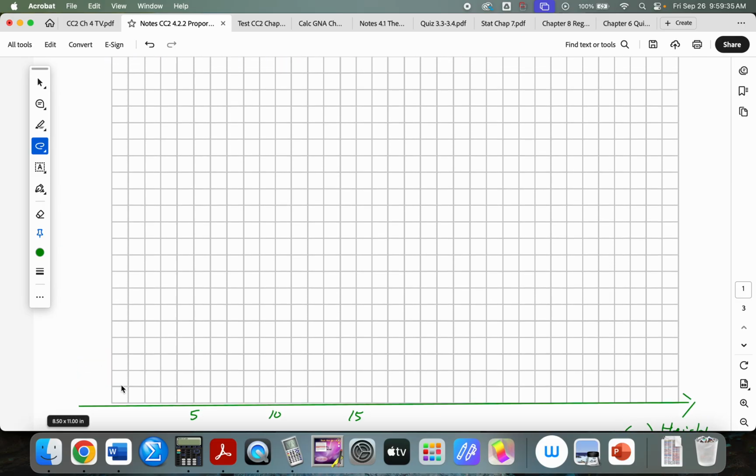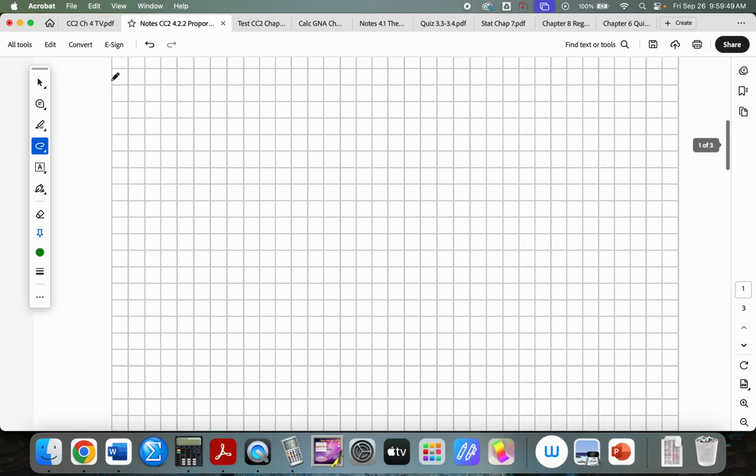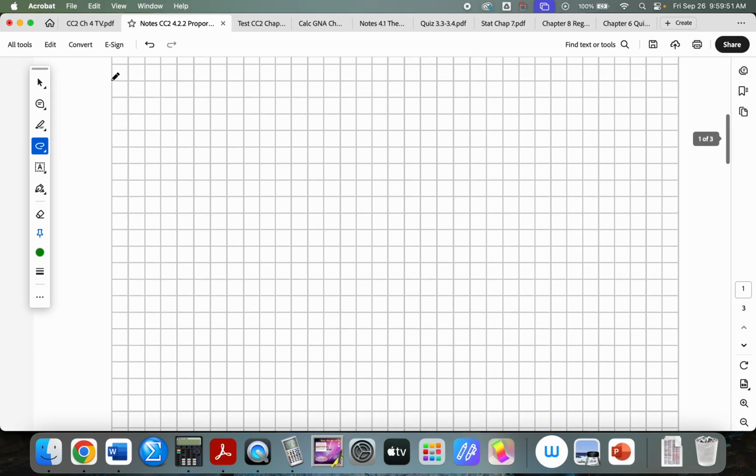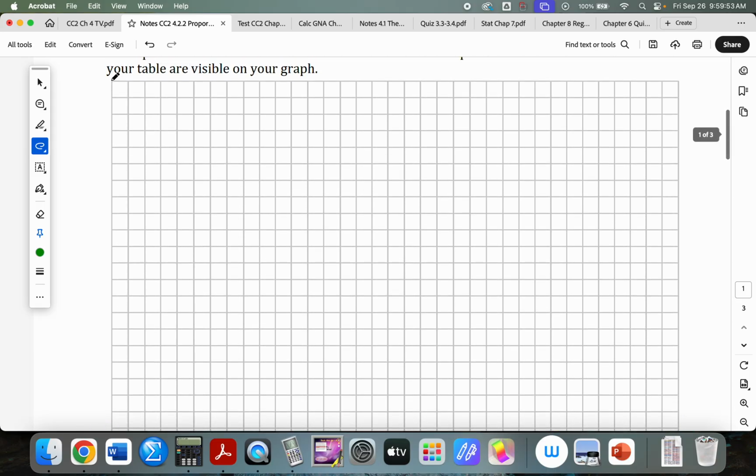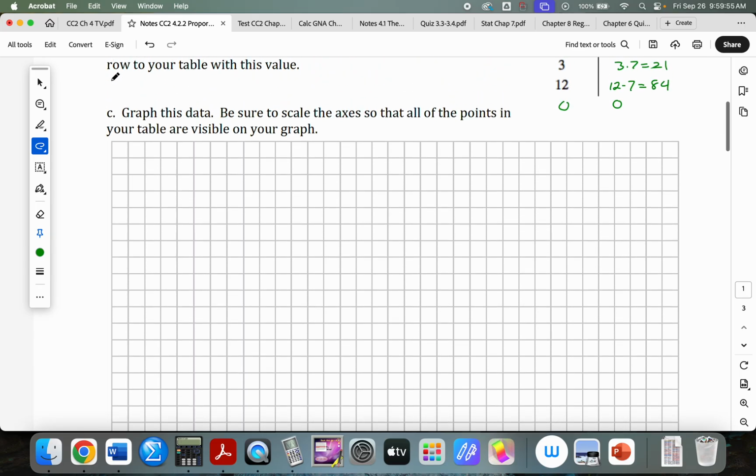How many squares do I have? 1, 2, 3, 4, 5, 6, 7, 8, 9, 10, 11, 12, 13, 14, 15, 16, 17, 18, 19, 20, 21, 22, 23, 24, 25, 26, 27. So I've got 27 to play with.